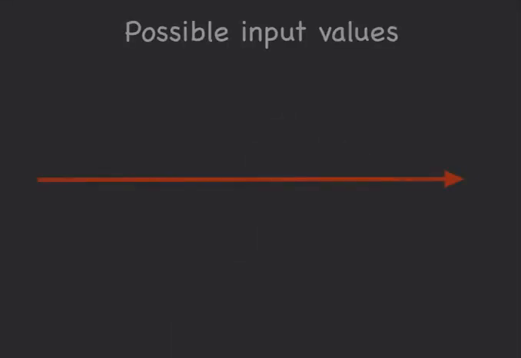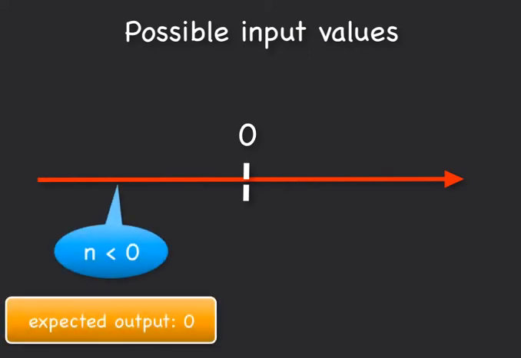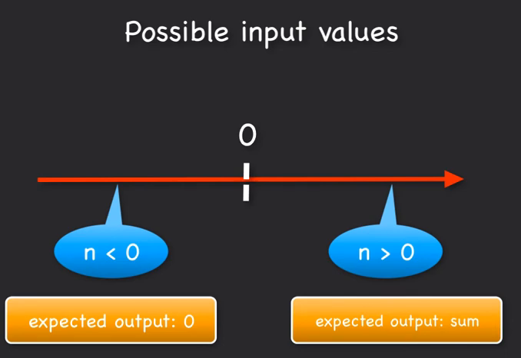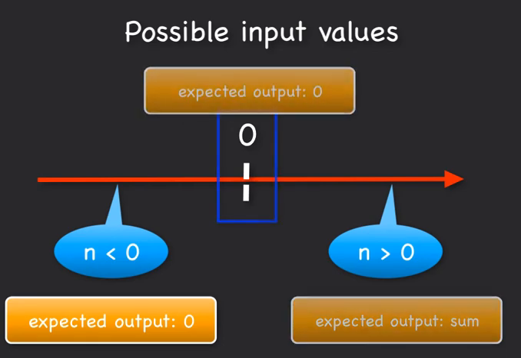For the example before, we have three kinds of values of n based on how we defined our problem. Values smaller than 0, for which the sum should be 0. Values greater than 0, for which the output should be the sum of all elements up to that number, including it. And the number 0, for which the output should be 0.